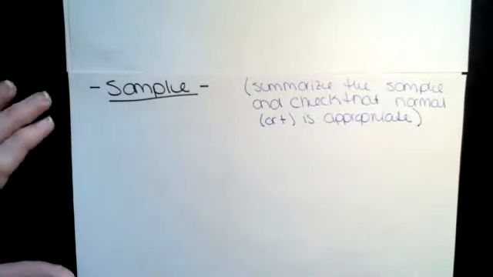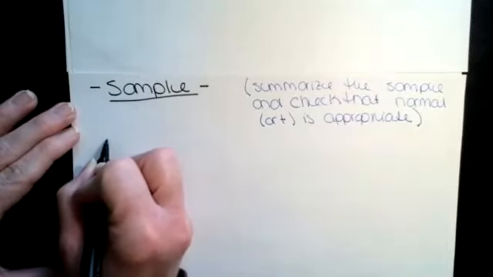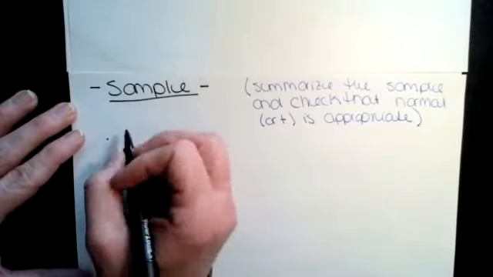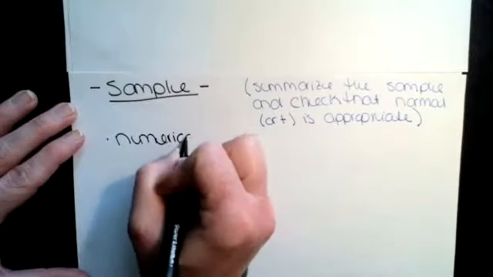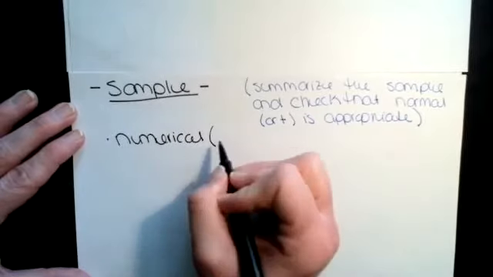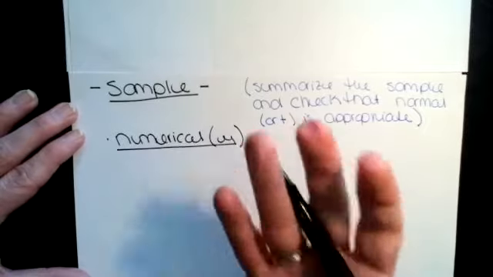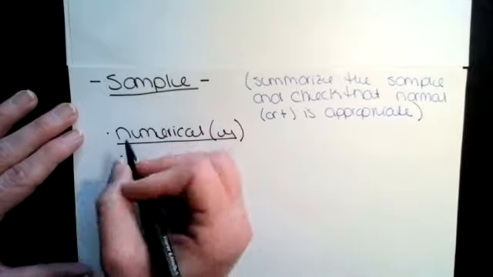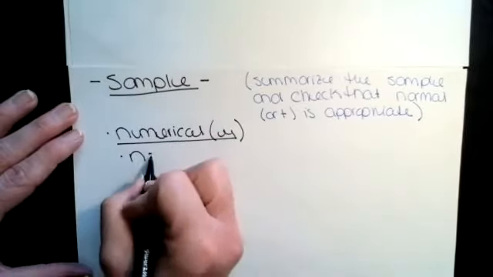Okay, so let's take a look at the two different types of data we could have and go from there. So if I have numerical data, that means we're studying means. That's my unknown, the mu. Then what I'm looking for in my sample step is n, which is my sample size.